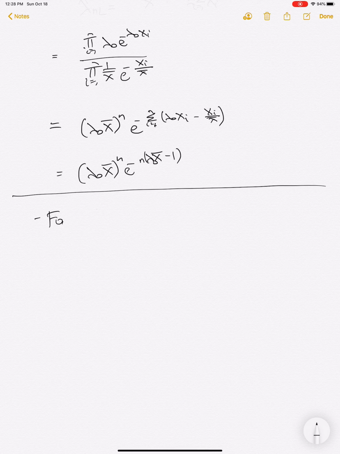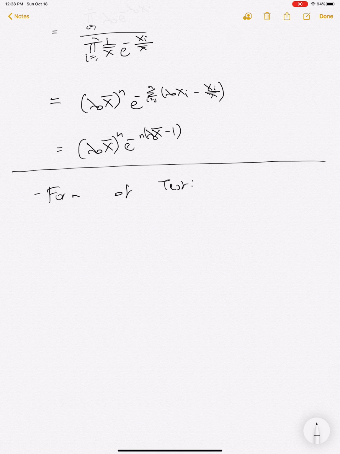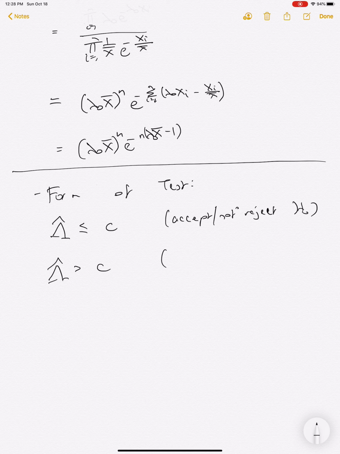And then once again, the form of the test. We can see that this works out nicely because it's just in terms of x bar. So once again, if the GLRT is less than or equal to c, we accept or not reject H naught, and if gamma hat is bigger than c, we reject H naught.